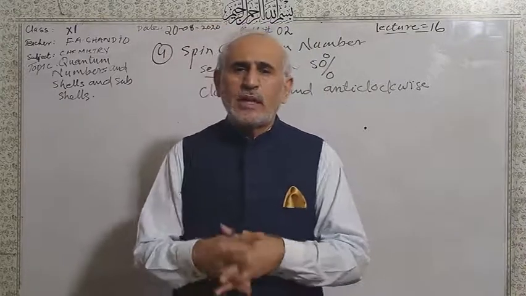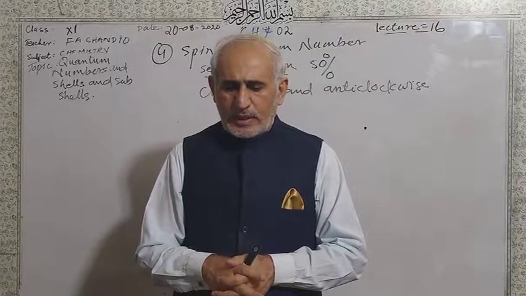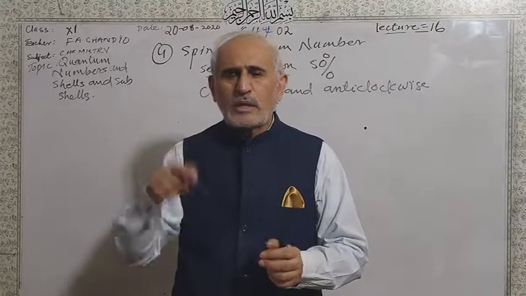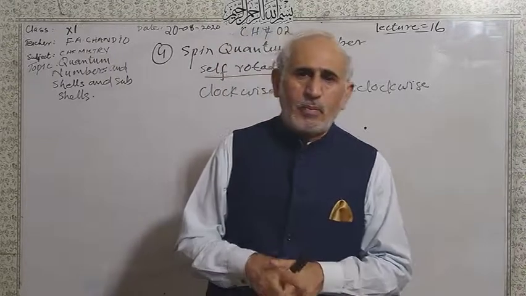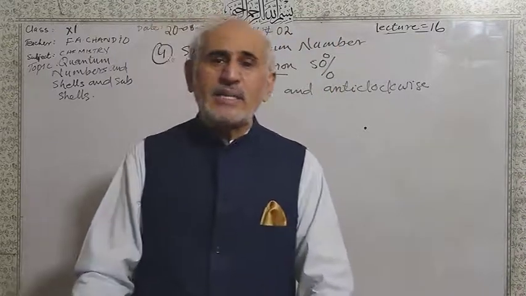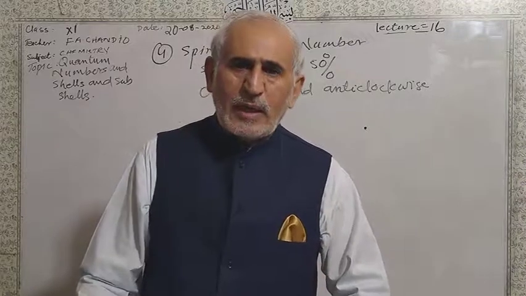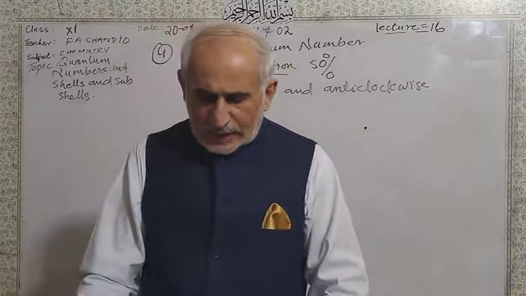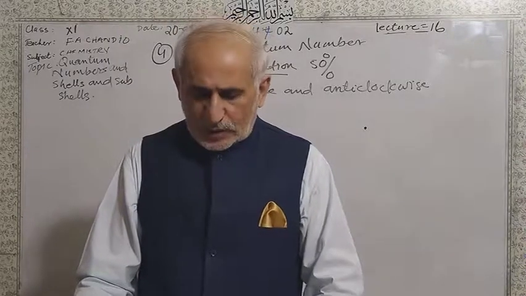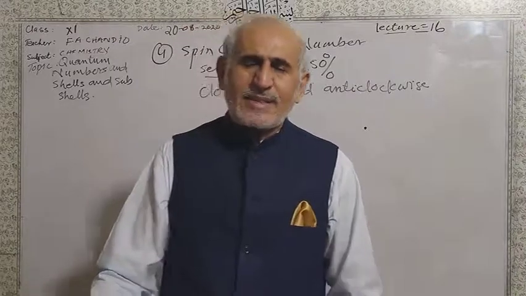You can see in the diagram, the electron rotates clockwise, and the other anti-clockwise, plus half and minus half. So this is only about the self-rotation of electrons, and the electron rotates with opposite spins about its own axis.